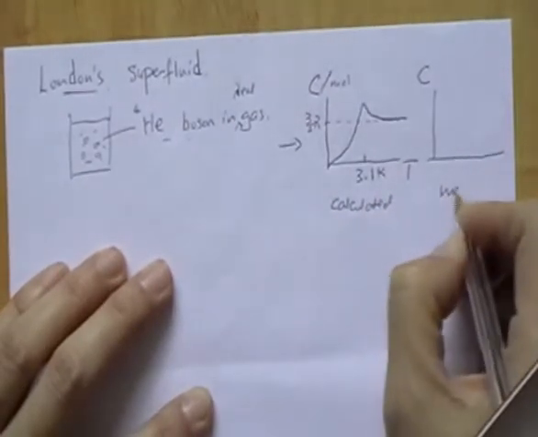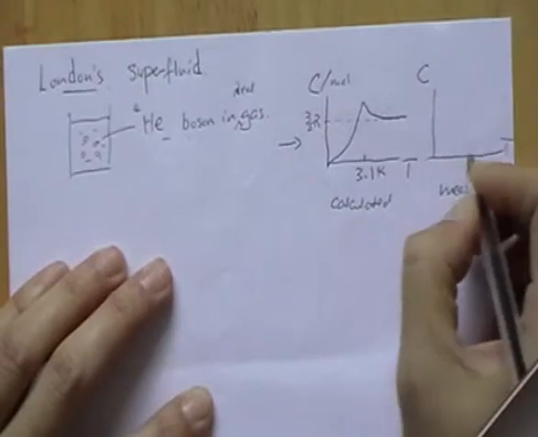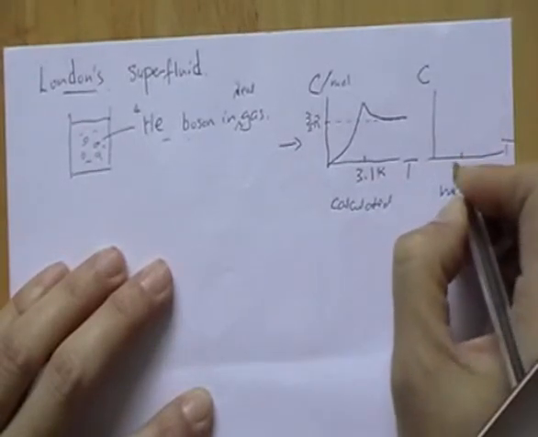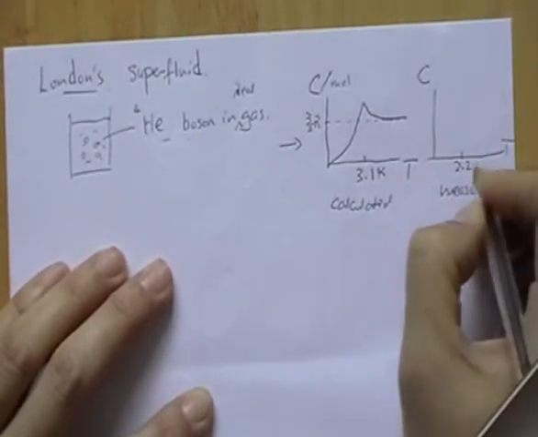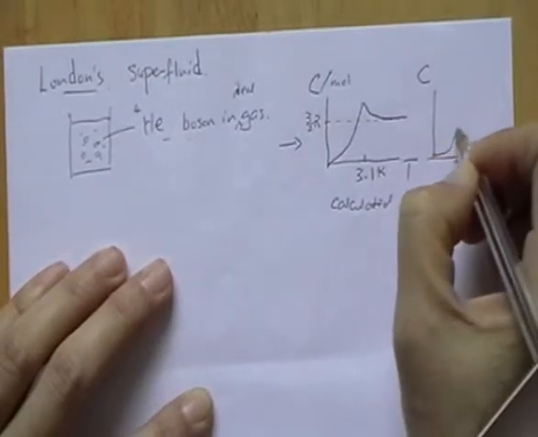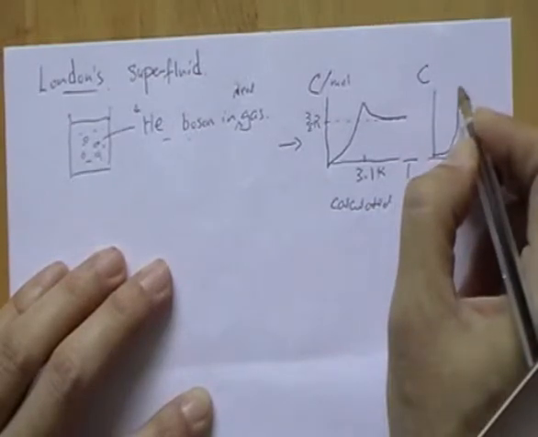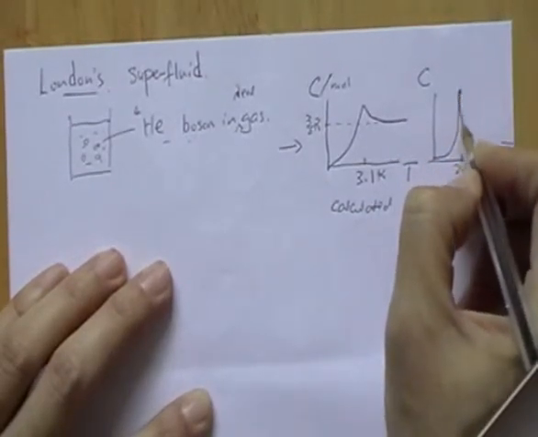The measured one looks like this. There is a peak at about 2.2 Kelvin. There is a much sharper peak, and then it comes down again after that.